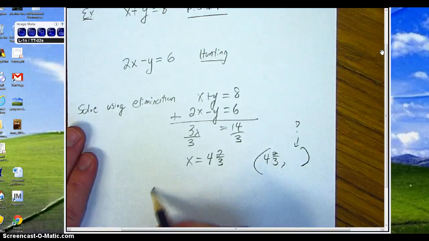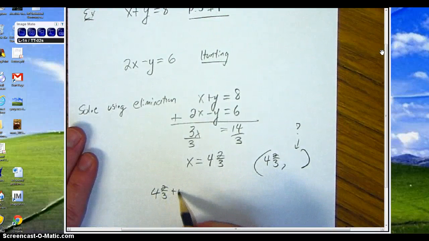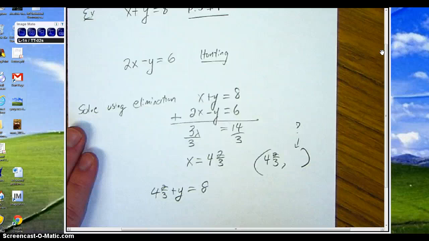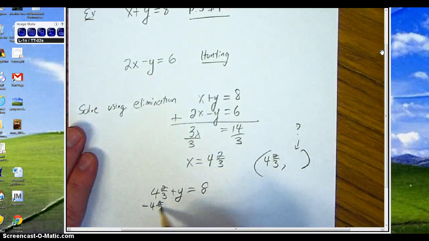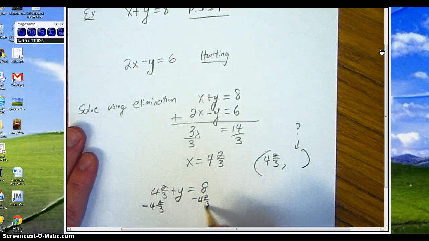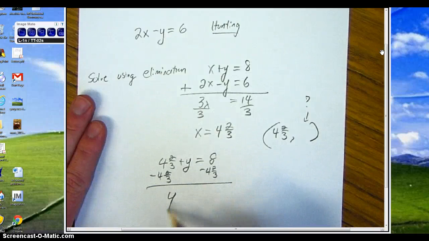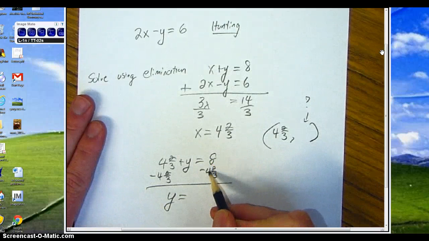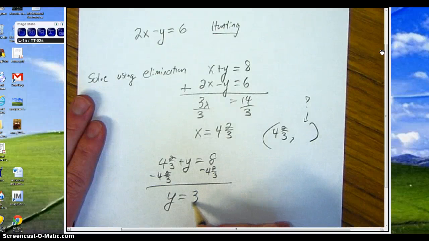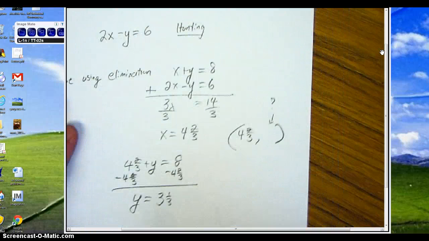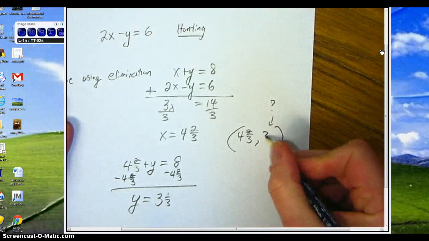I write 4 and 2/3 plus y equals 8. Well, it's not as bad as I thought. If I subtract 4 and 2/3 from both sides, I end up with y equals 8 minus 4 is 4, and minus 2/3 more is 3 and 1/3. So now I know what my y value is, 3 and 1/3.